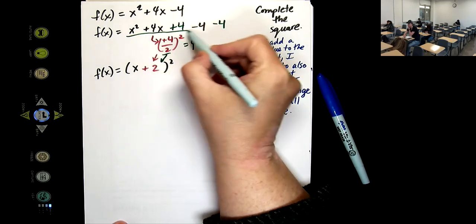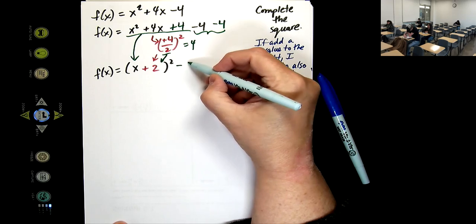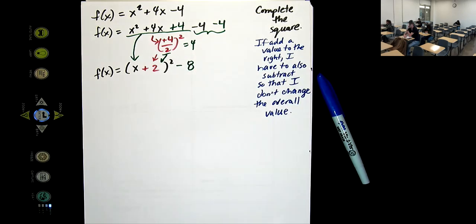This part all groups up to make that. And whatever's left gets moved to the end. -4 minus 4 is -8.